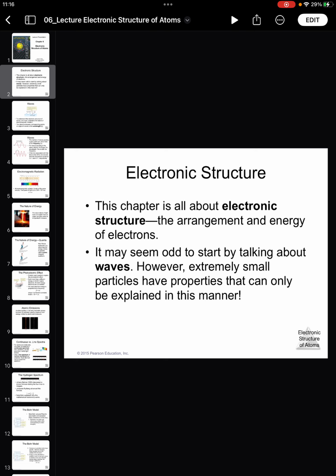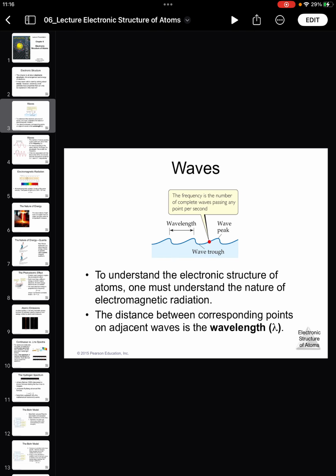So we have to talk a little bit about waves because of the dual nature of these electrons. And a wave is a periodic oscillation and a way to transmit energy and information through space. Not matter, but energy, at least, and subsequently information through space.